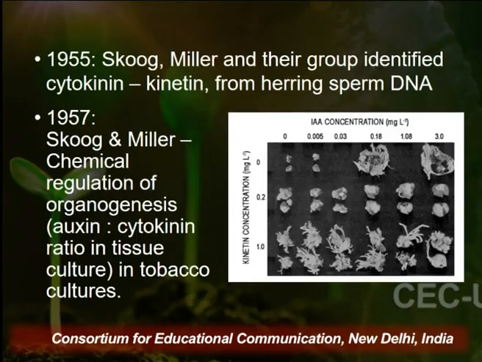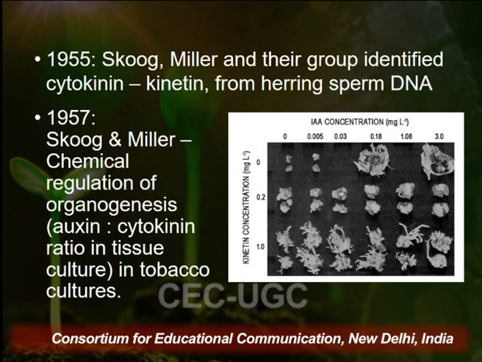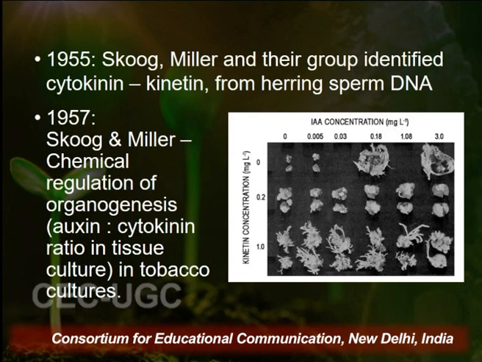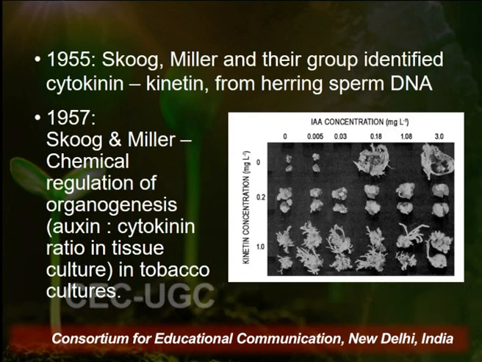In 1955, Skoog, Miller and their scientific group for the first time identified a substance that can induce cell division, and we know that the substances that can induce cell division are named cytokinins. They named that substance kinetin.